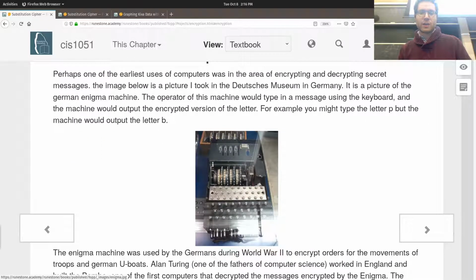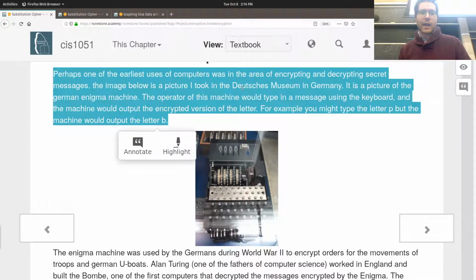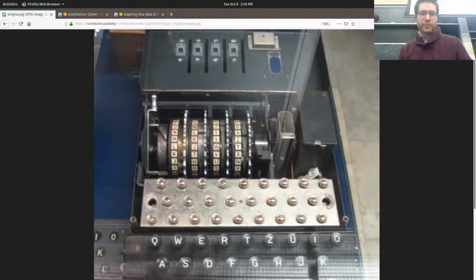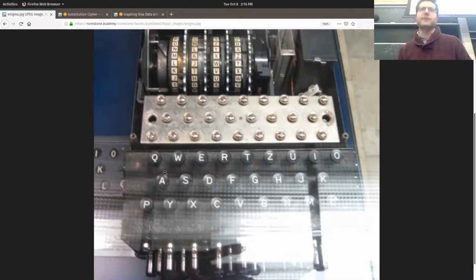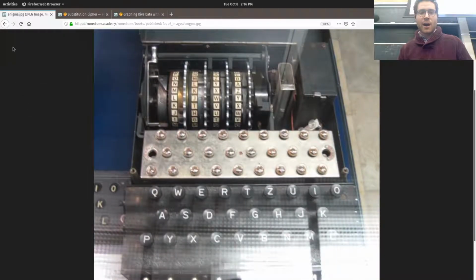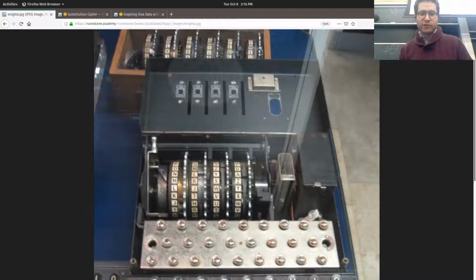So here is a picture from a German museum. This is an Enigma machine, right? Encryption and decryption operations are difficult, so put them into some kind of machine for a specific task and let it do that. Notice you've got these reels, and what it's going to do is run it through multiple substitutions, and every time you hit a letter, these move, so the encryption changes, making it very, very hard to crack.